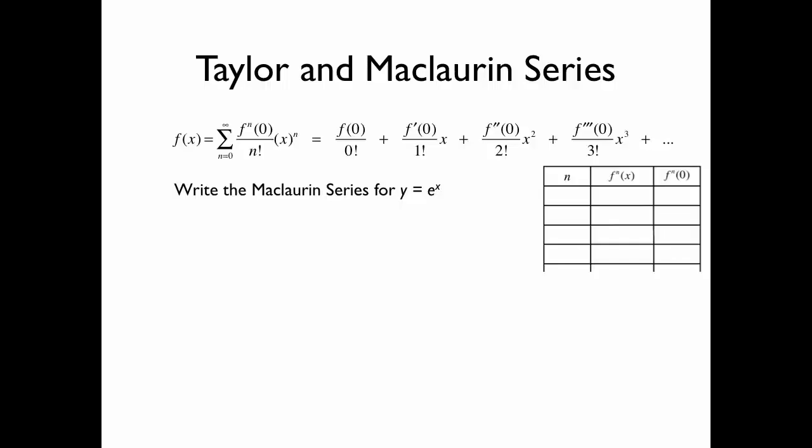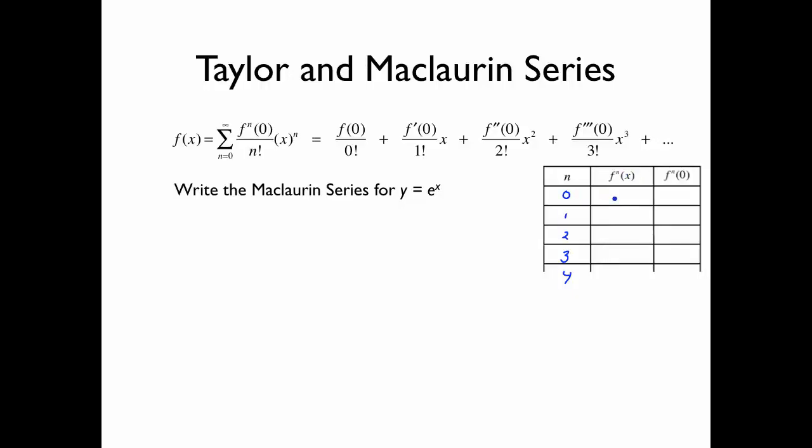So what we can do is come over here and, for different n values, the 0th derivative, the first, the second, the third, let's go to the fourth, we're going to need each of those derivatives evaluated at 0. So let's start with the nth derivative. What is the nth derivative of e to the x? Well, that's just the function itself, right?